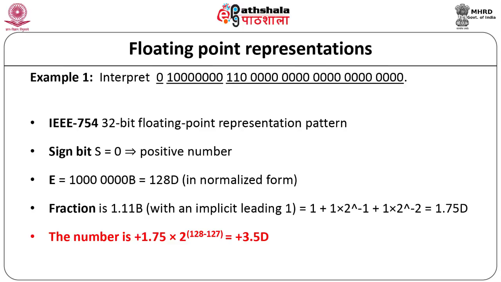Fraction is 1.11 in binary and that is approximately equal to 1.75 in decimal. The number is plus 1.75 times 2 raised to 128 minus 127. So, that is equal to 3.5 in decimal.